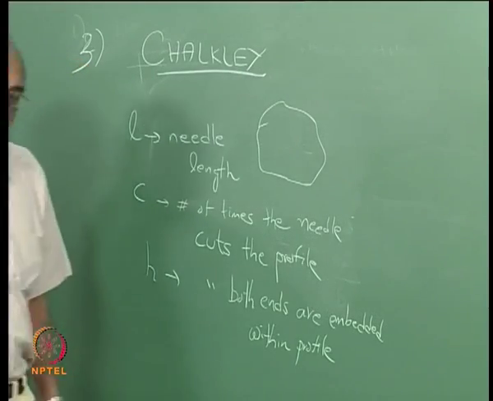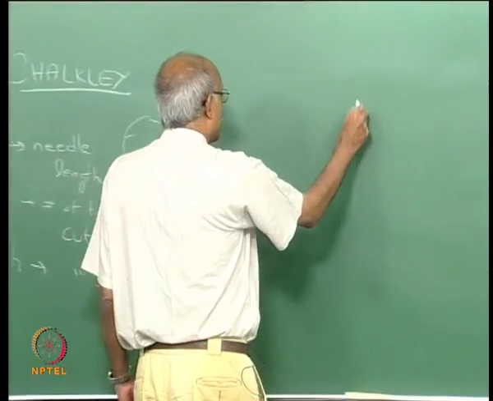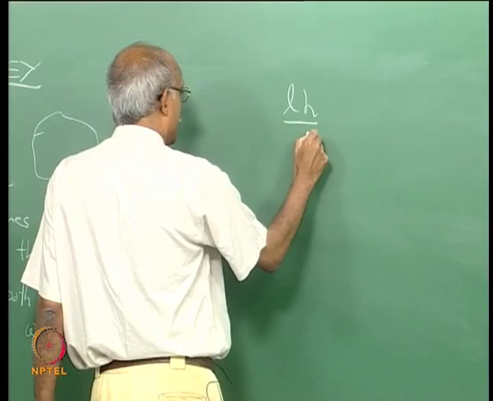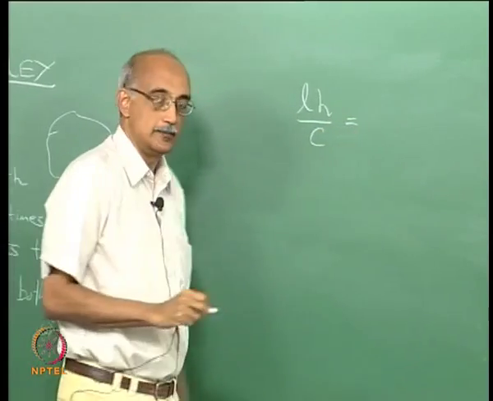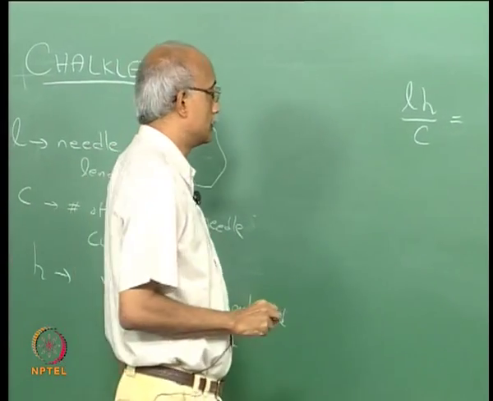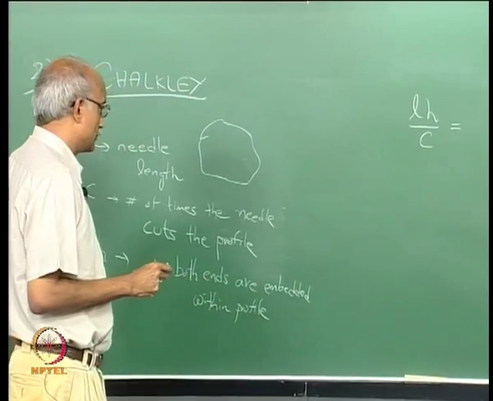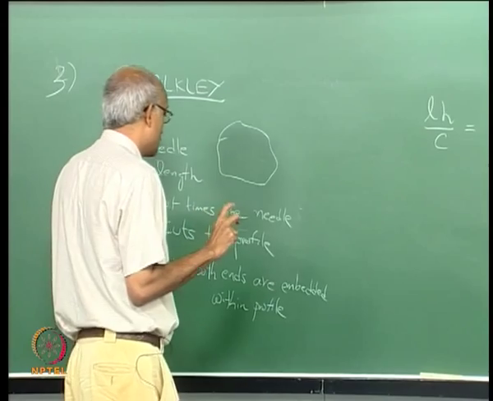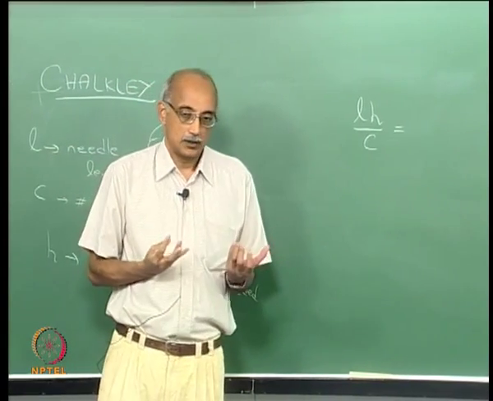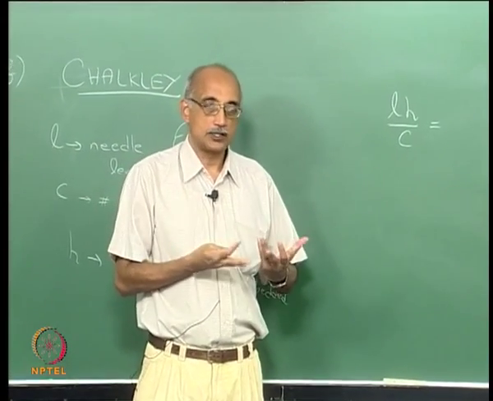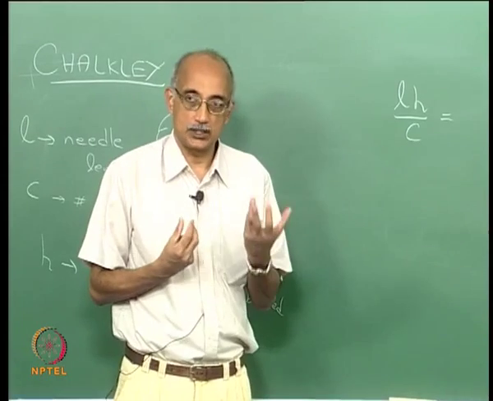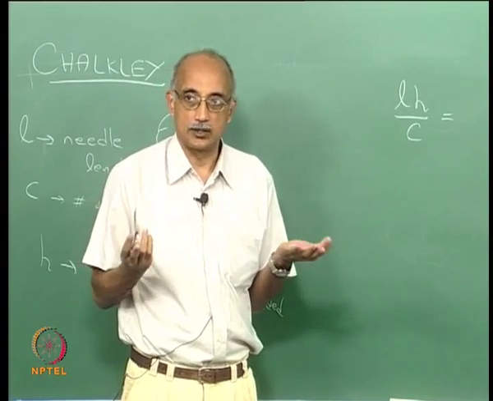And then he said if you just take L multiplied by H and divide by C, this will give you essentially again the way that the quantity of material is packed within this particle, which is what we call shape.